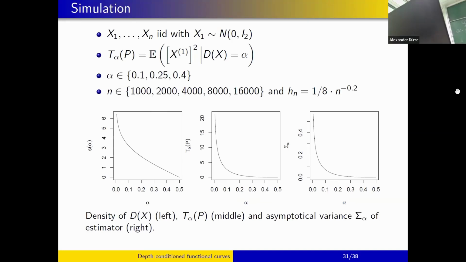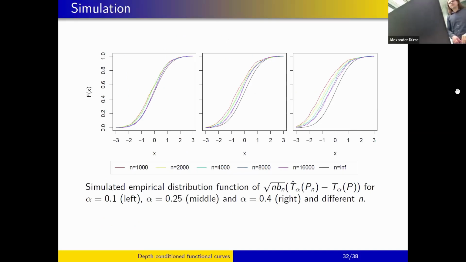And we look at the depth of 0.1, so extreme variance, normal variance, variance of the inner points. And this is a conditional function curve. You can imagine that if you're at the center of the distribution, there's no variance. And if you go to the borders of the distribution, then there's a lot of variance. This is the asymptotic variance. And this is the density of the depth, which is not so important.